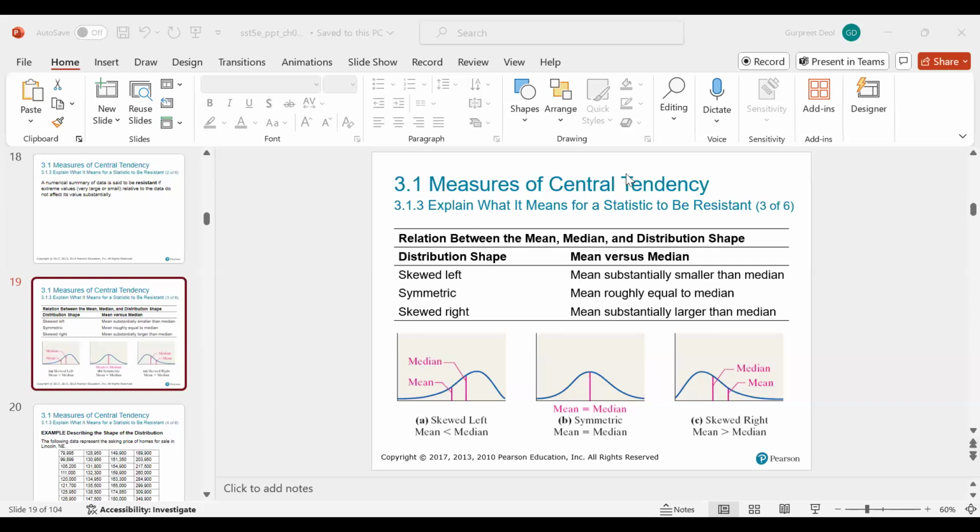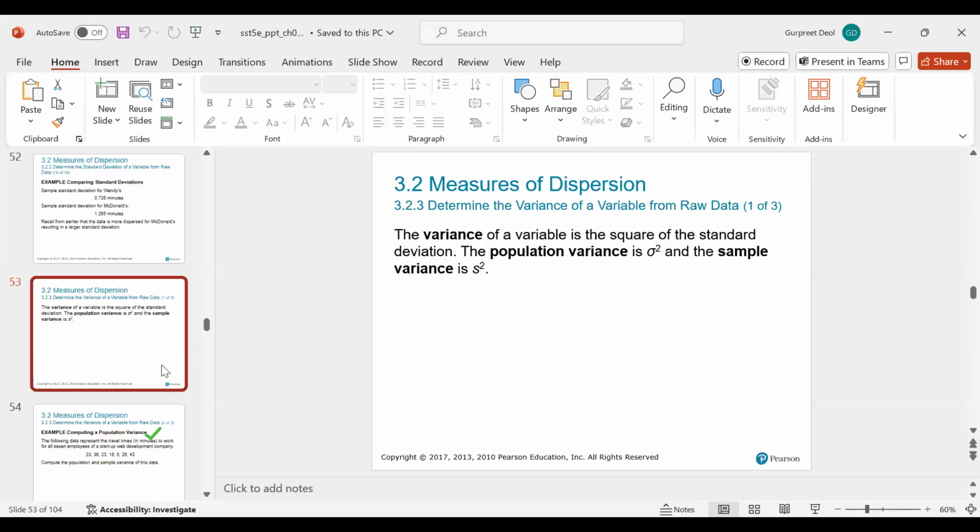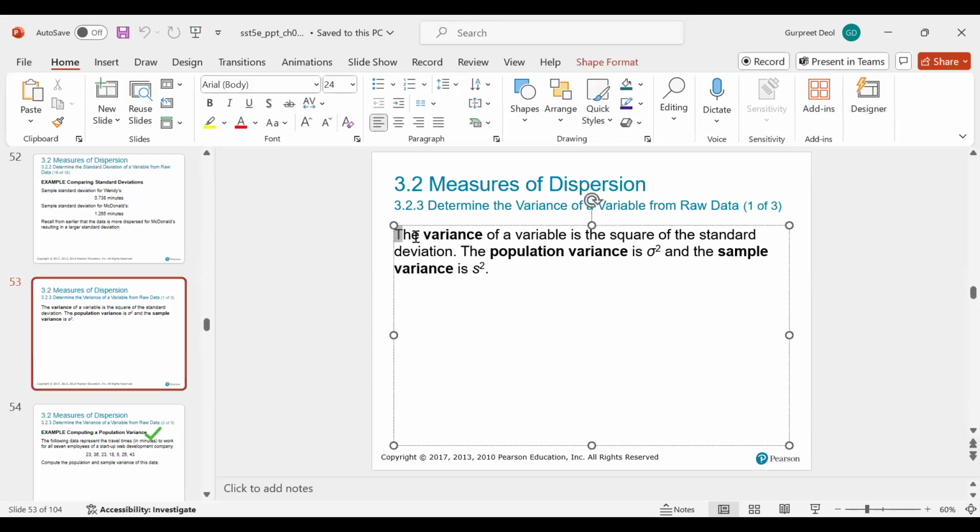Before going to the empirical rule, I want to stop here for a second on slide number 53. This slide is talking about the variance. This also comes as a question sometimes in the exam. The variance of a variable is the square of the standard deviation. You were shown yesterday how to find the standard deviation. If you have forgotten, you can ask me.